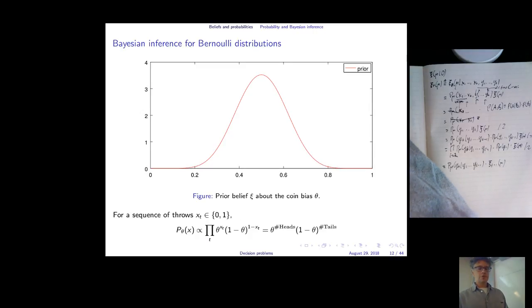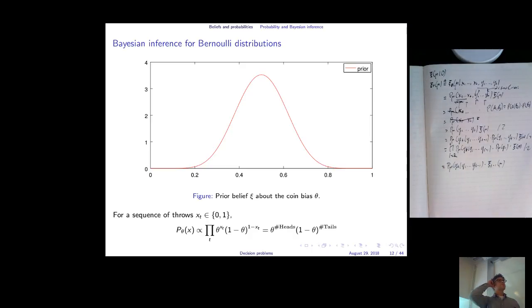Here we assume a Bernoulli model for the coin, which just means that whenever the coin lands heads or tails, it doesn't depend on the previous throws, and it's a fixed probability, theta. So the probability of landing n heads and this many tails is proportional to this. There is also a normalization factor, but we don't care about it.